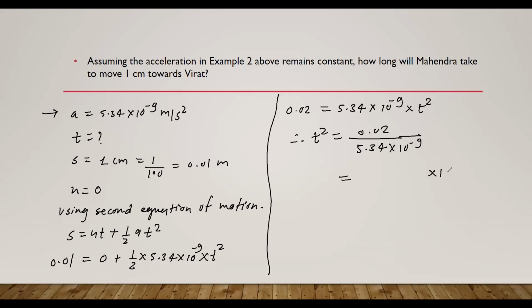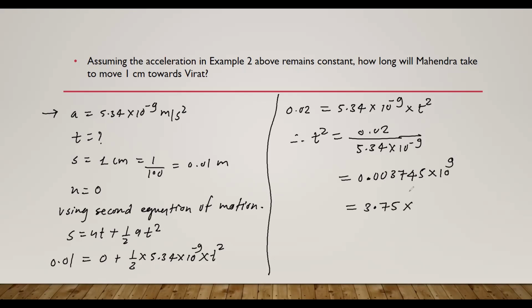So 10 raised to minus 9 if we take it up, it becomes 10 raised to 9. 0.02 divided by 5.34 will be 0.003745. Okay. So again you need to move that decimal point after the first non-zero number, that is 3. So it will be 3.75 I can write.